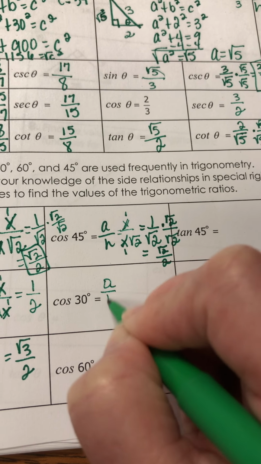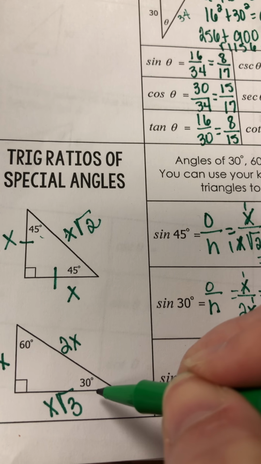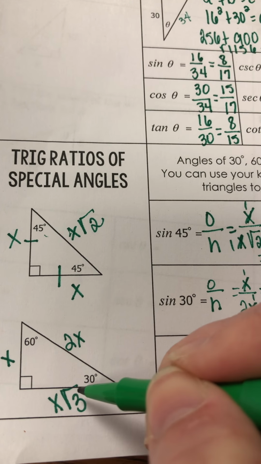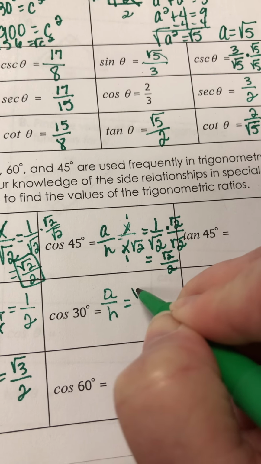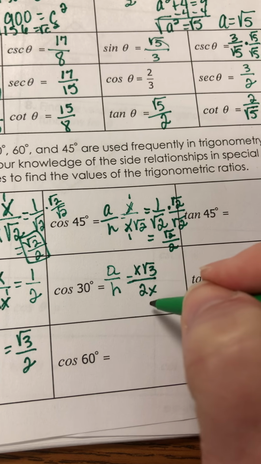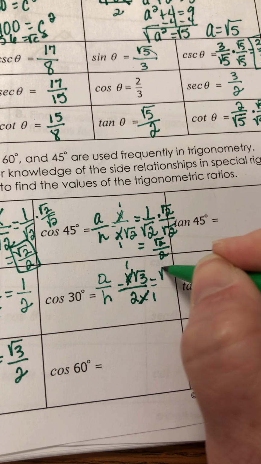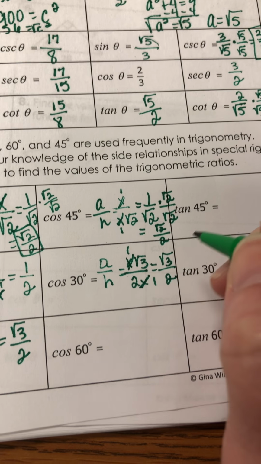All right, cosine of 30 degrees is equal to adjacent over hypotenuse. So let's go over here to 30 degrees. Here's my 30 degrees. Adjacent is x square roots of 3, and then hypotenuse is 2x. So we're going to have x square roots of 3 over 2x. Well, lovely, the x's cancel out, and I've got the square root of 3 over 2.